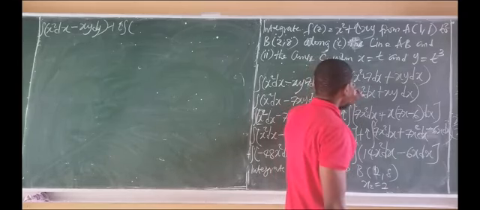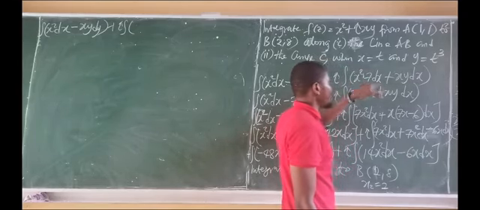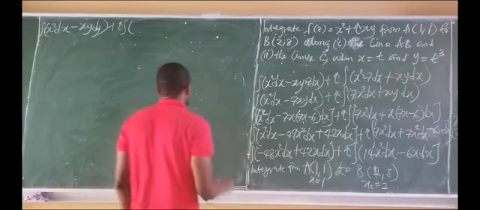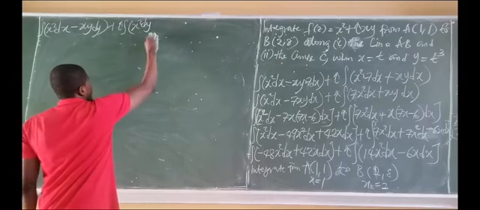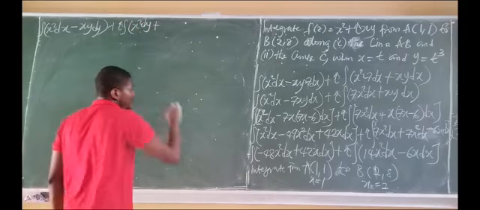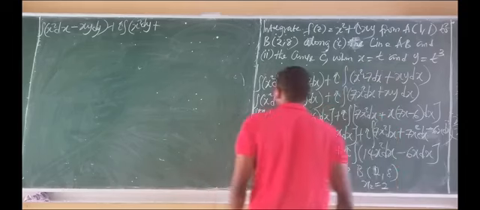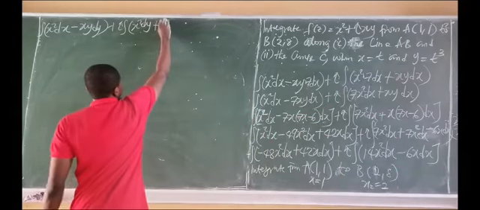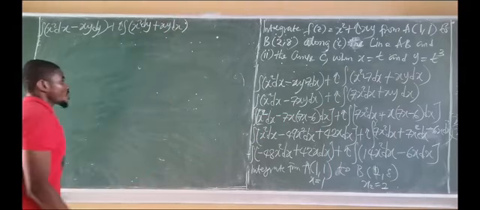We have here x squared dy, and dy was given to us as 7 dx. So this becomes x squared dy, plus, and here we have xy dx. So this is xy dx.